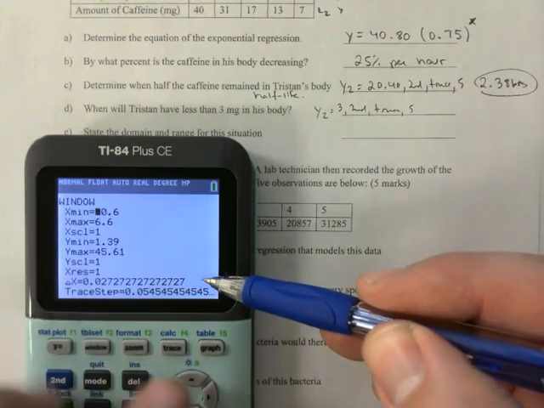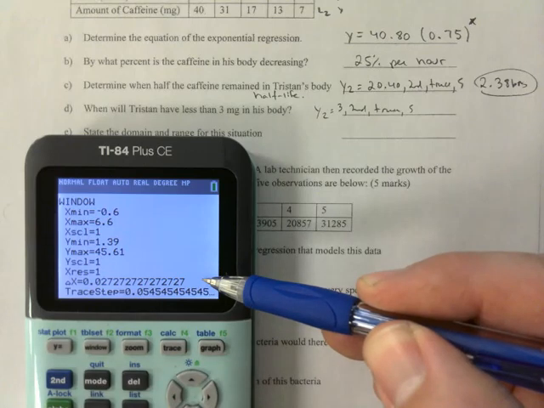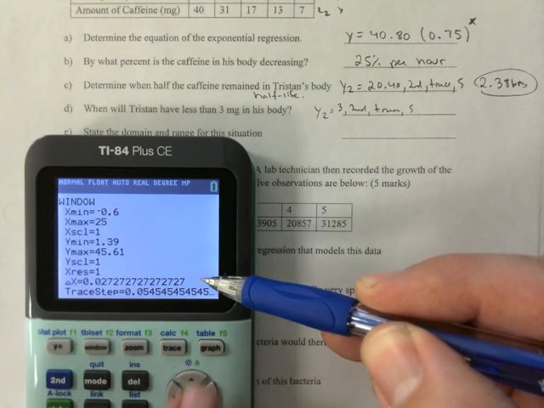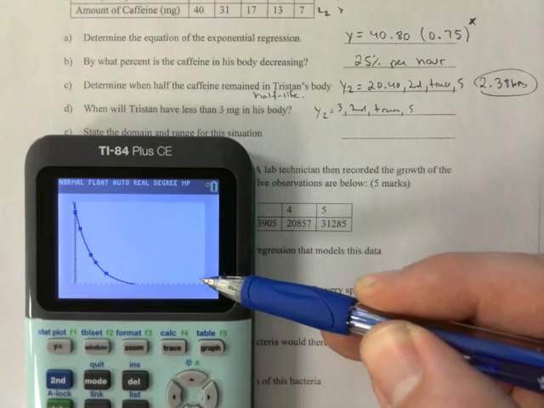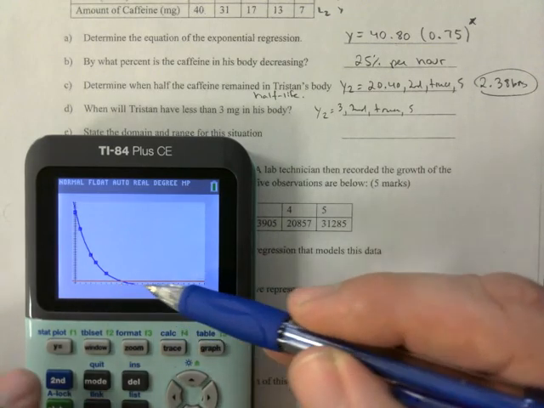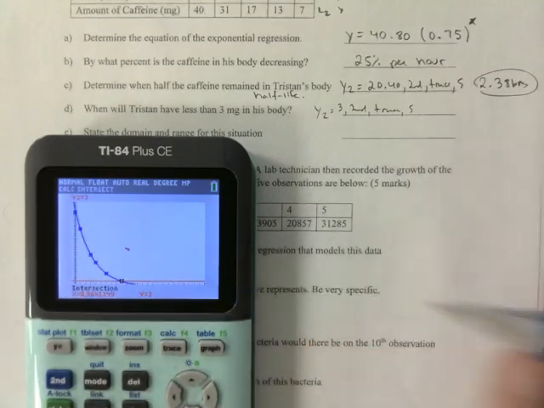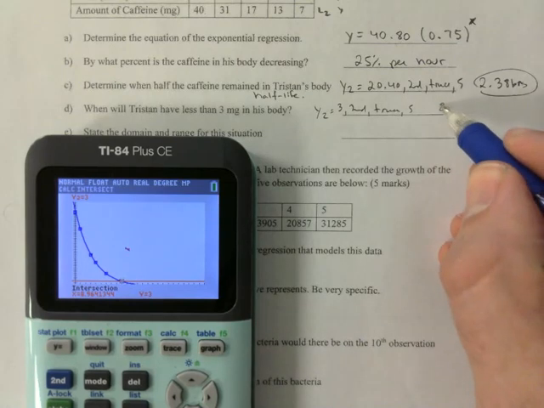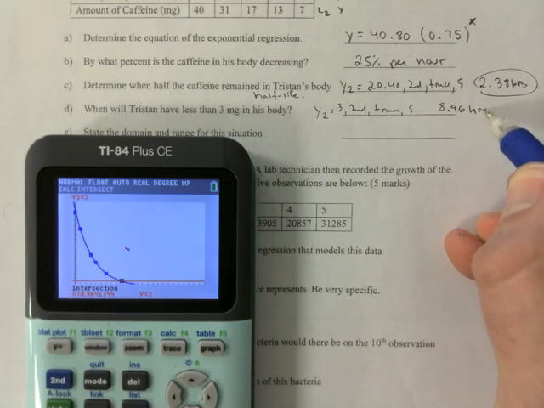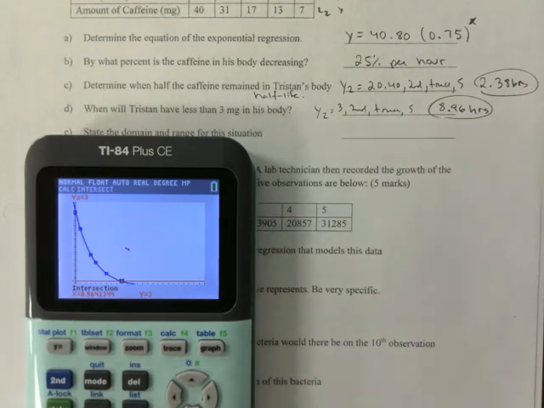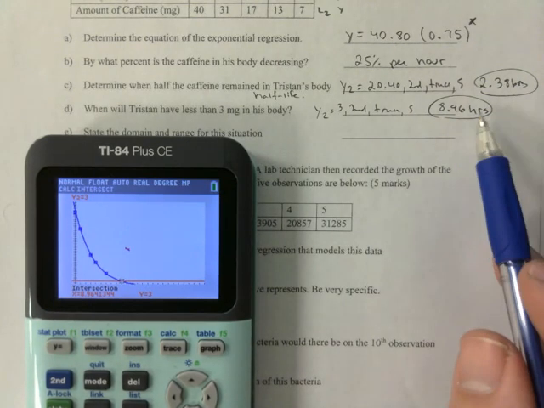You need to chase the curve. So I'm going to go, I don't know, 25. Let's see if that works. Yeah, it crosses. And that would be 8.96 for me.